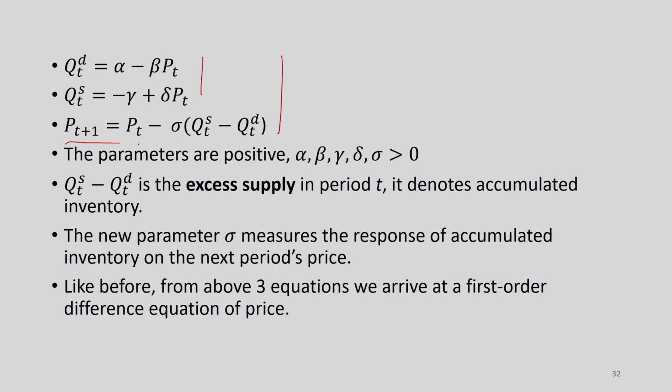So, this is the new thing that has come now. The price in the next period depends on the price of the previous period, but it also depends on whether the inventory is piling up or it is running down, which is captured by this term. Okay, we shall talk more about it in the next lecture.